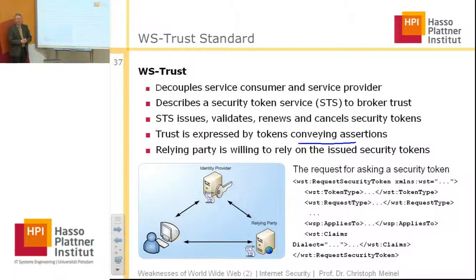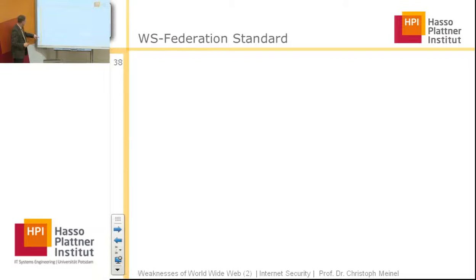This is important if you have such a distributed world. The web services interact with each other. It's not that the user interacts with one web service and gives in his credentials and can follow, but here we have situations where one web service uses a service from another security domain, and it needs to be ruled how this can be organized and how it does work.